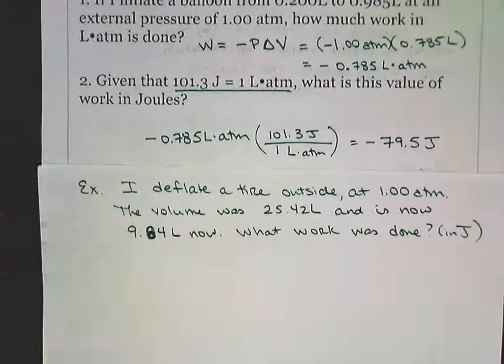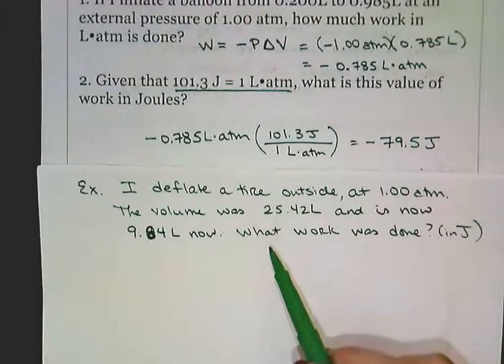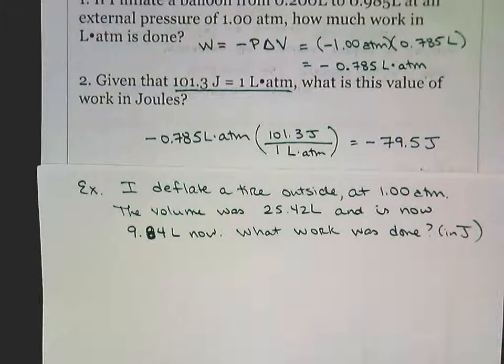Let's say I decide to deflate my tire for reasons only known to me. I guess it just says a tire. It doesn't necessarily have to be my tire. I could have been deflating someone else's tire. And I'm outside. It's 1 atmosphere. It started off at a volume of 25.42 and is now down to 9.84 liters. What work was done in joules and who was worked on?